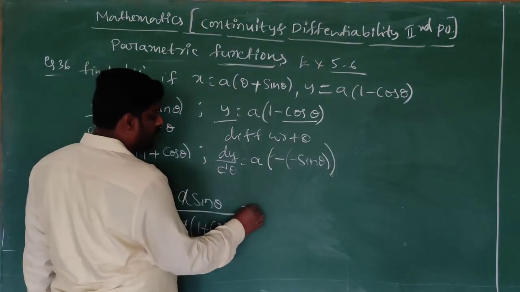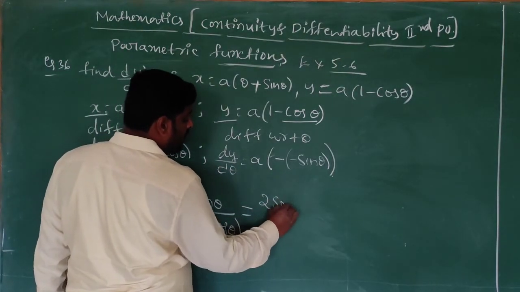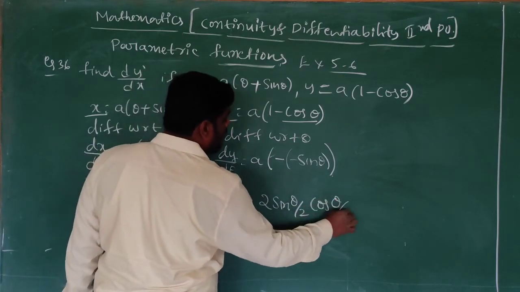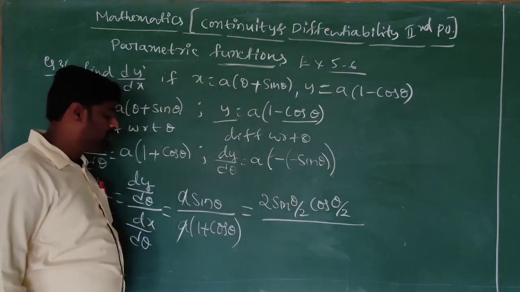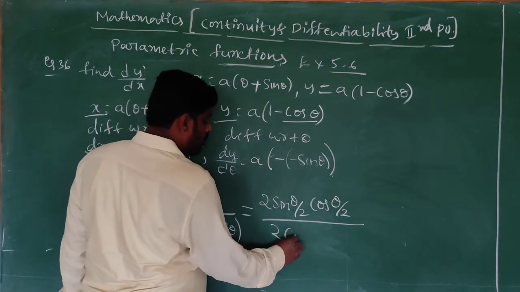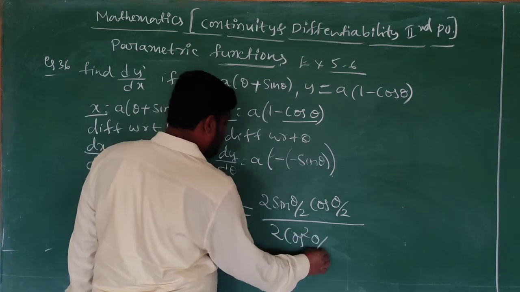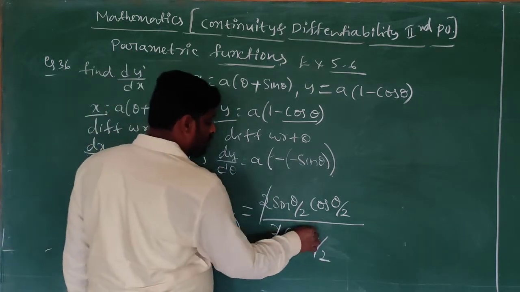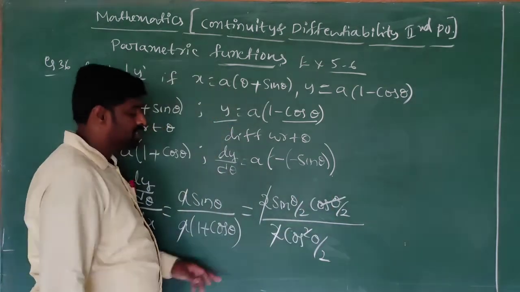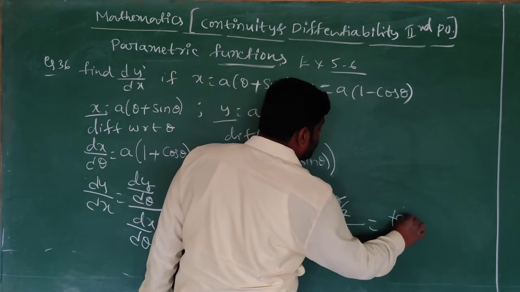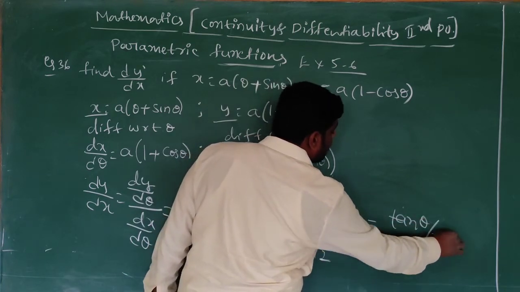Sin theta formula is 2 sin theta by 2 cos theta by 2, divided by 1 plus cos theta formula is 2 cos square theta by 2. 2 cancel. So cos cancel. Sin by cos is tan theta by 2. So answer is tan theta by 2.